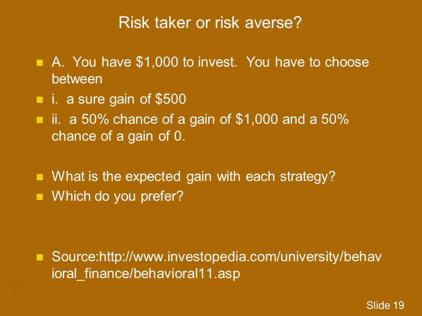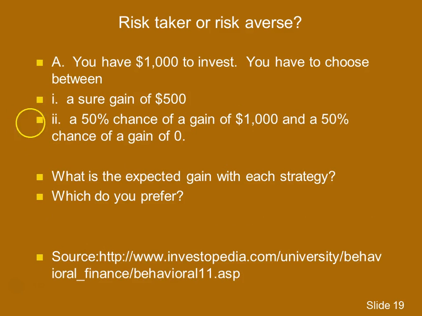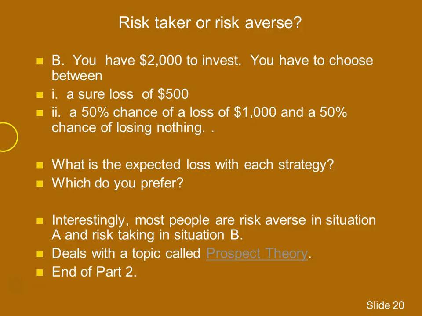Whether it was game A or game B, if you don't like to take risks, you could have taken the sure gain or the sure loss and avoided the coin flip option. If you're a risk taker, you'd probably flip the coin in either case, in the case of the gain and in the case of the loss.